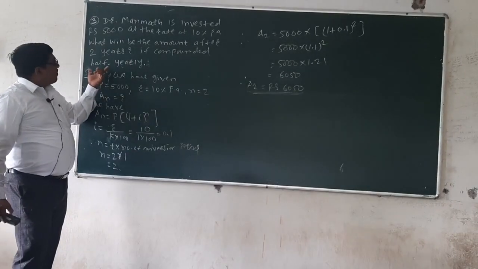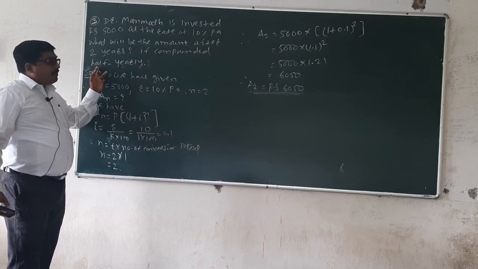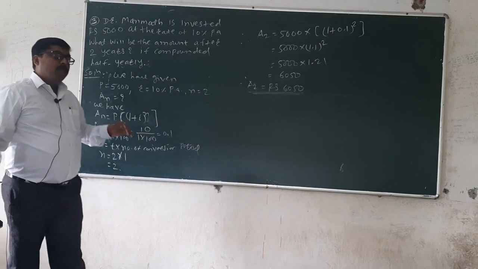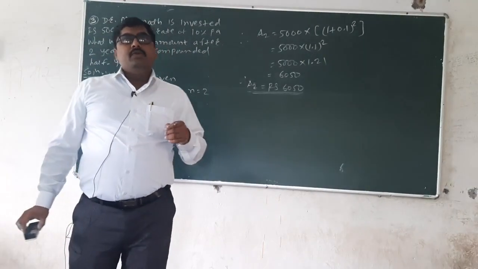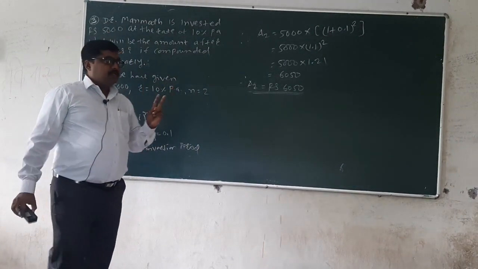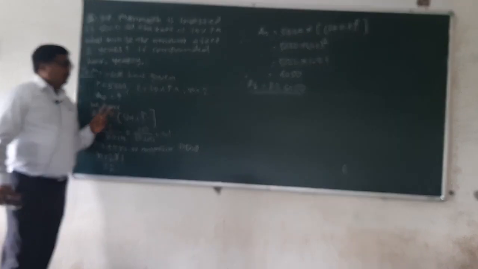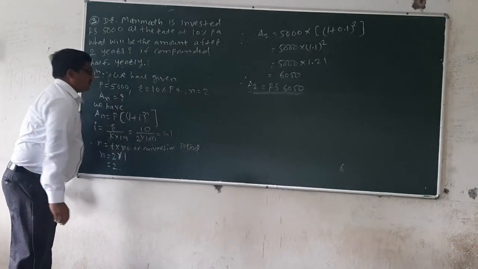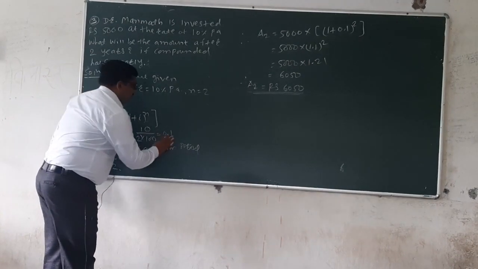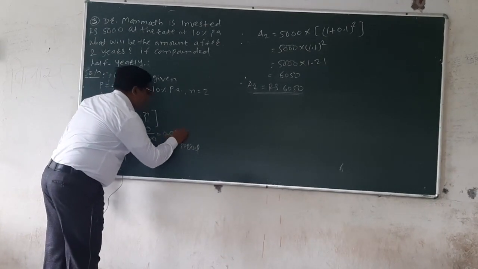You are calculating compound interest half yearly, and half year means 6 months, so in a year there are 2 periods. So K is 2. So I is 0.05.